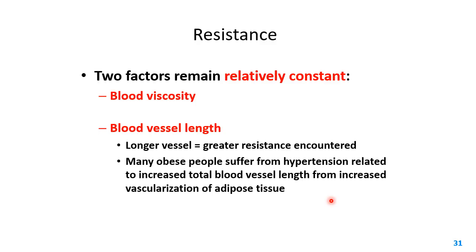When is this important in terms of humans? Well, when you have a little human, the blood has less resistance to flow than in a full-grown adult. So children have less resistance based on length of blood vessel when compared to adults.